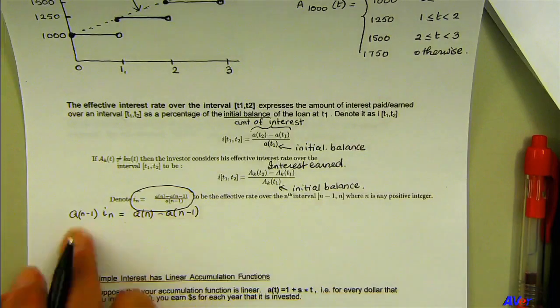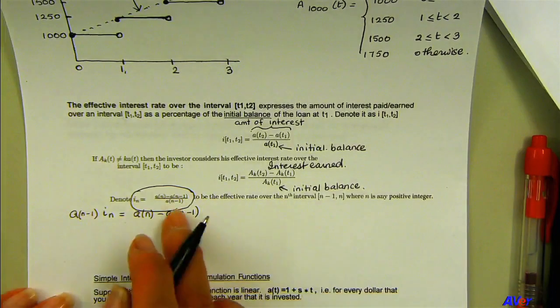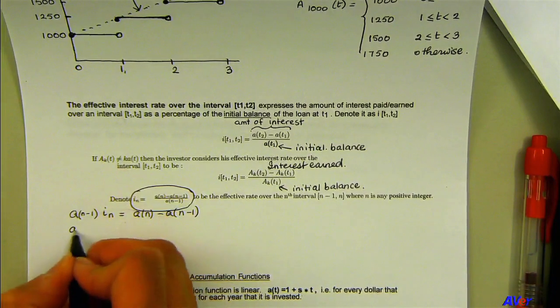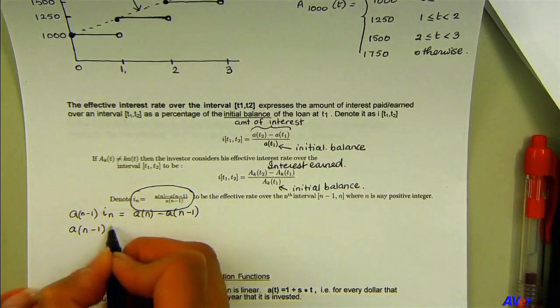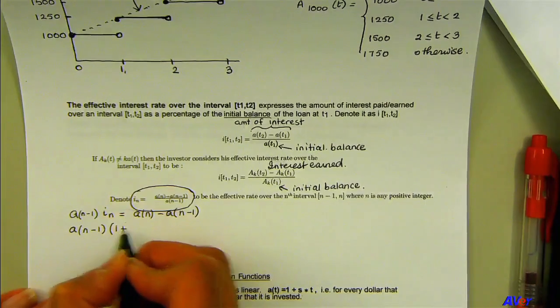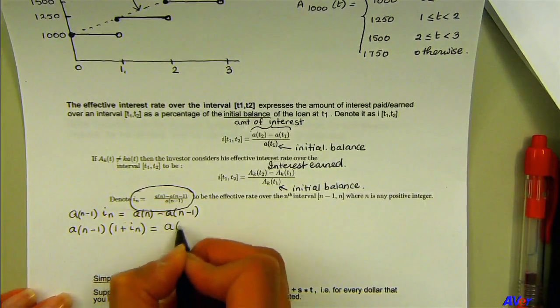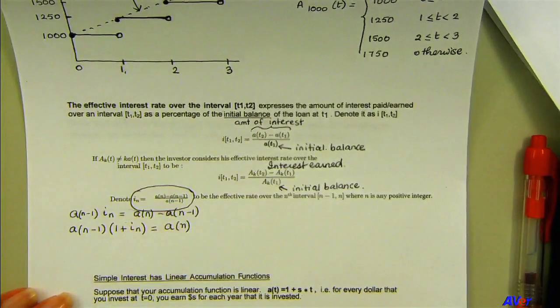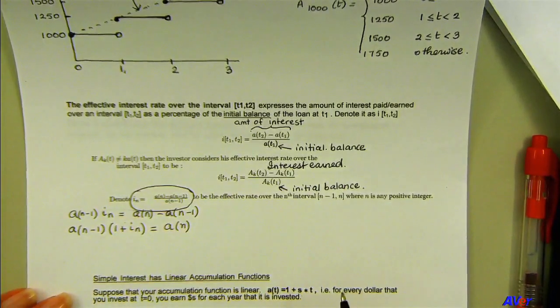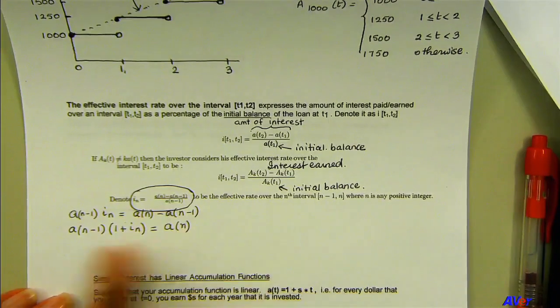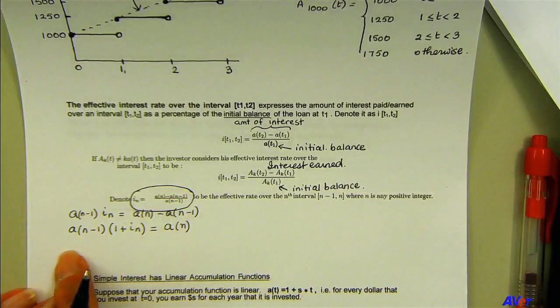So let me bring this one over. So a of n minus 1 times 1 plus I_n equals a of n. So this is saying the accumulation function at n is equal to the accumulation function at the previous time period, which is n minus 1, times 1 plus I.